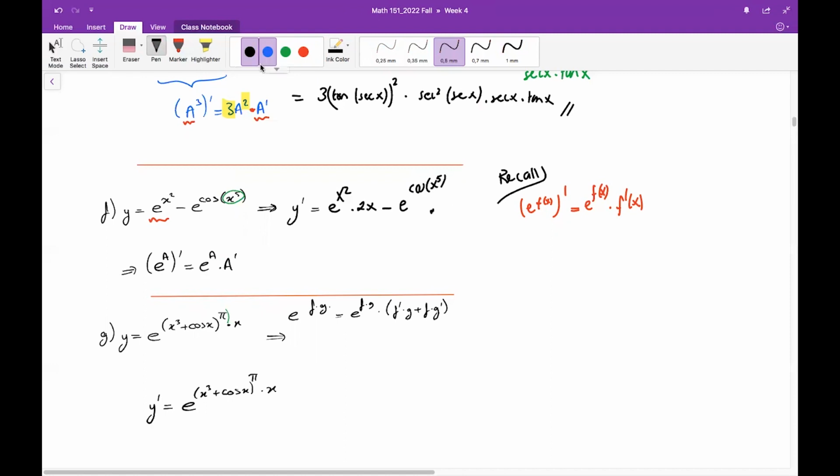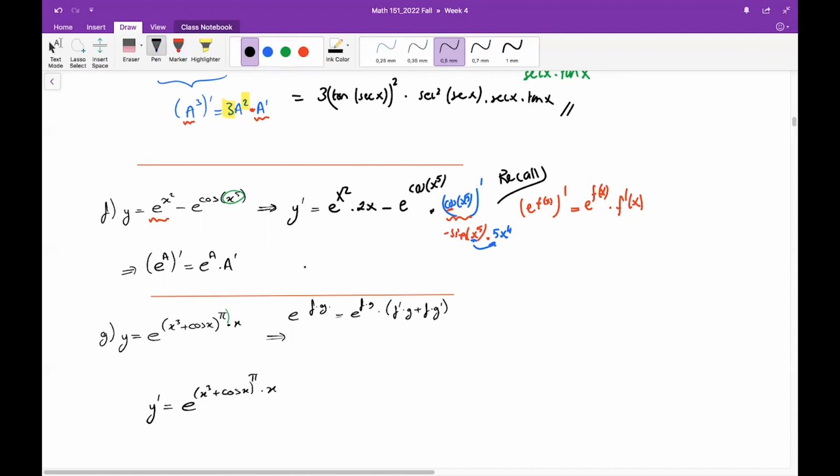The power function looks like this now. Cosine x to the power 5 is the power function, so I need to multiply with the derivative of it. What is the derivative of this thing? The derivative of cosine is minus sine. You don't change anything about the inside function, and then you need to multiply with the derivative of this innermost part, so 5x to the power 4.